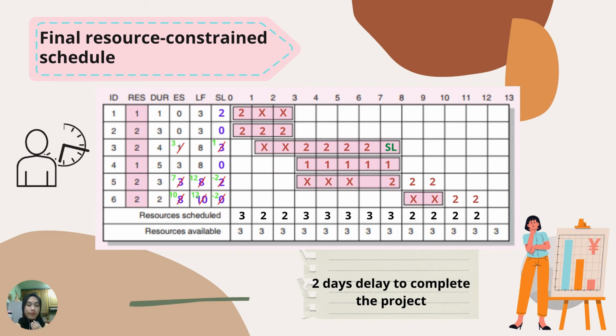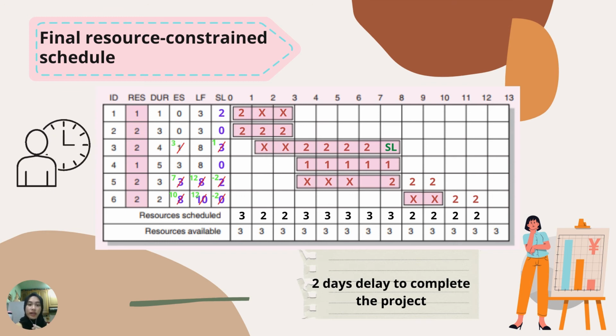Lastly, we will proceed with ID6, whose resource number is 2 and duration is 2. It will start at day 11 and day 12. It is because if we apply the activity on day 9 or day 10, it will exceed the resources available, which is 4.